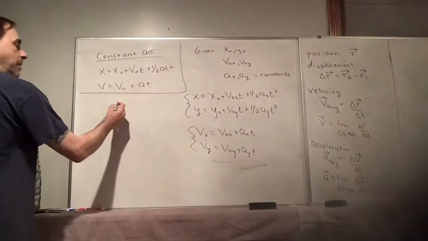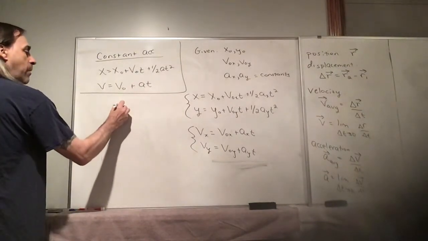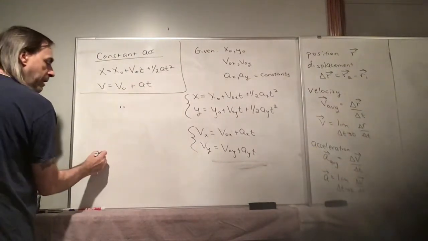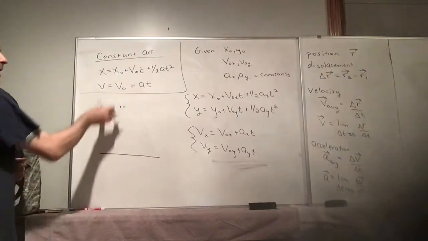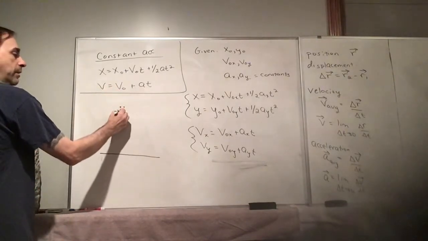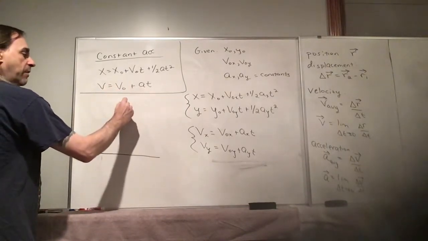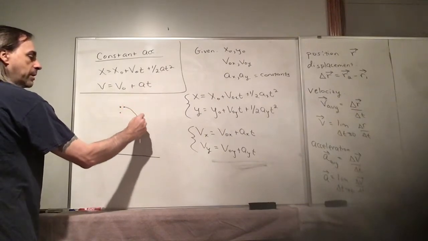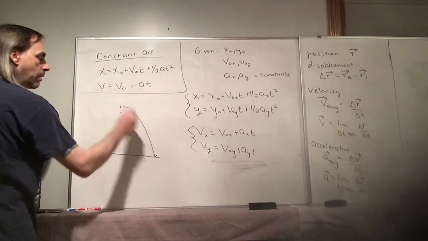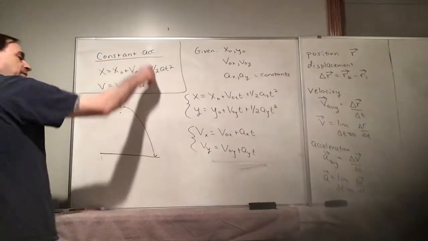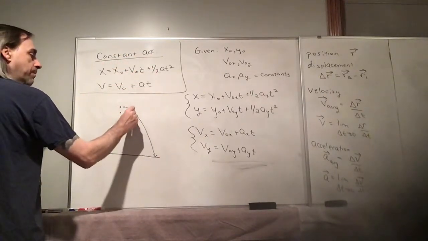So the result is something like this. The two balls are right next to each other. Say here's the ground. Then they drop, and this one falls. This one's going to follow a path like this because it was given a horizontal velocity and gravity is causing it to accelerate downwards.